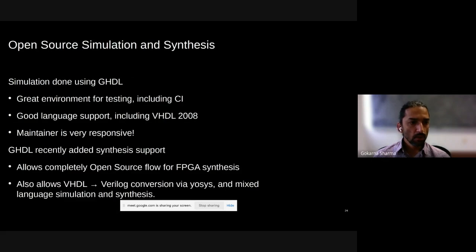Okay, so open source simulation and synthesis. For example, simulation is done using hardware description languages. Great environment for testing, including continuous integration, good language support, and there is a maintainer who maintains all this GitHub directory and is very responsive.